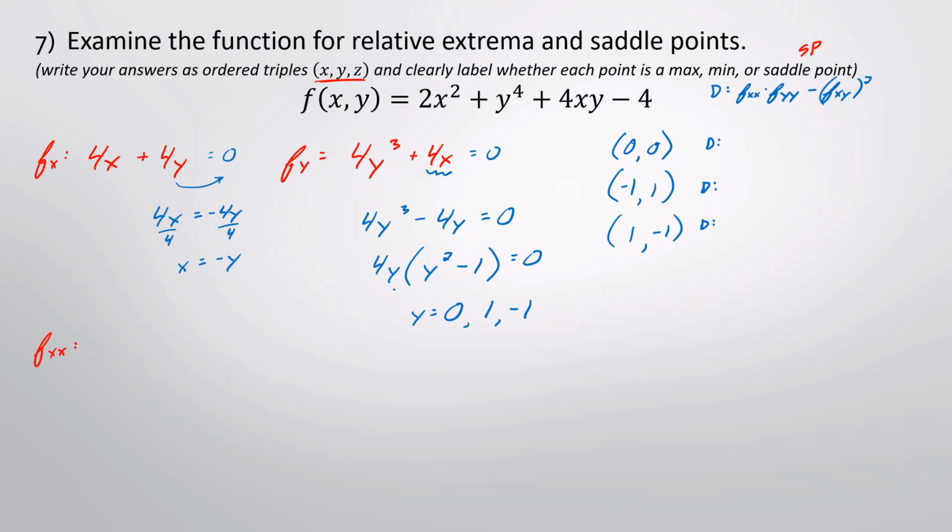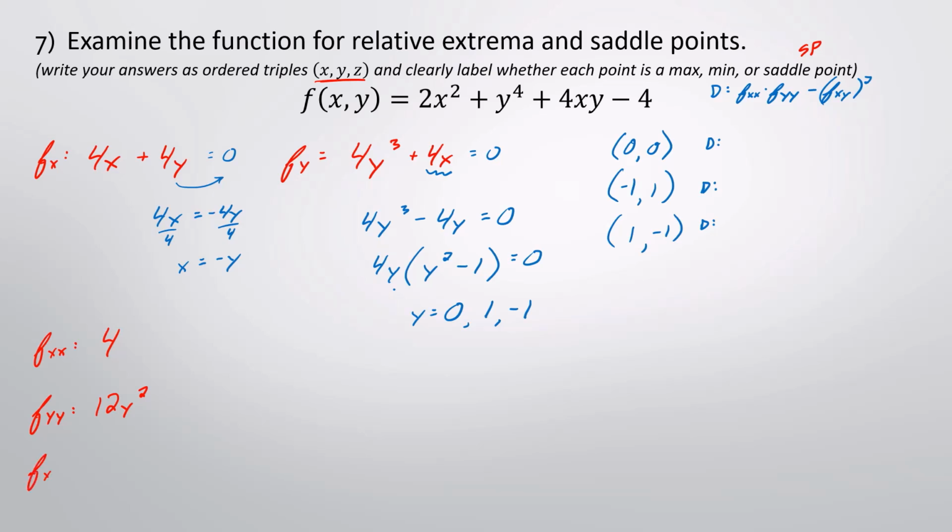So fxx, I got 4x will just turn into a 4, and 4y, that's just treated like a constant, so that's going to zero out. fyy, we can do that one relatively quick, hopefully. So that would be the first partial with respect to y, done with respect to y again. So 4y cubed will turn into 12y squared. And 4x, just like before, that's going to be treated like it's a constant, so that turns into 0.